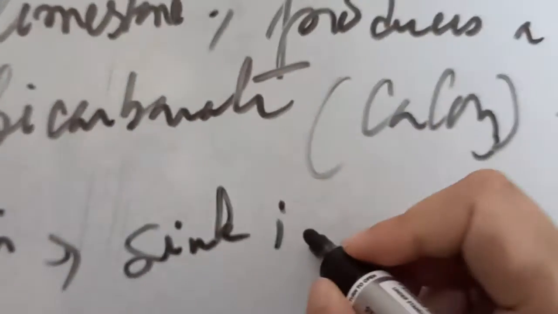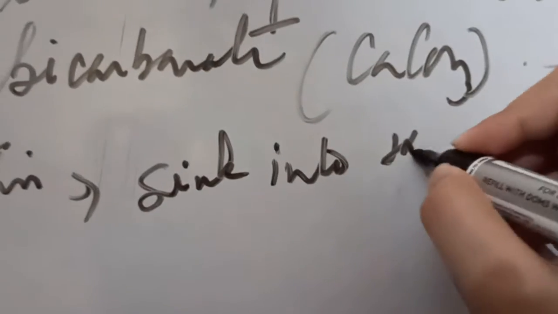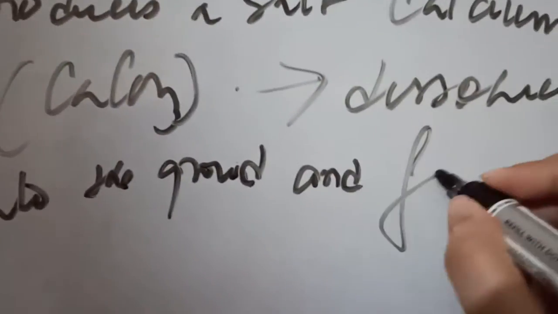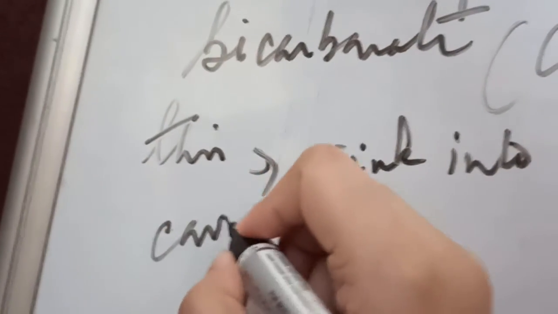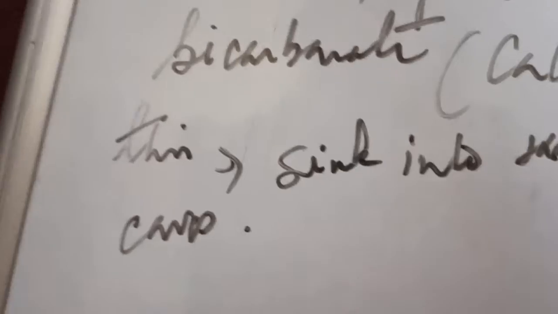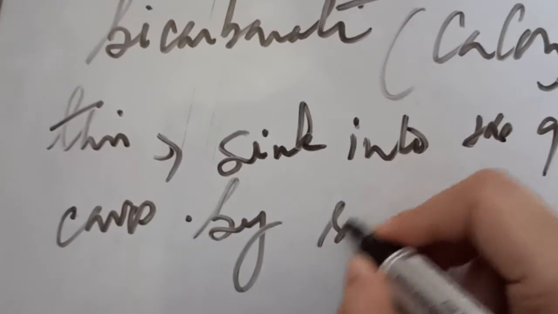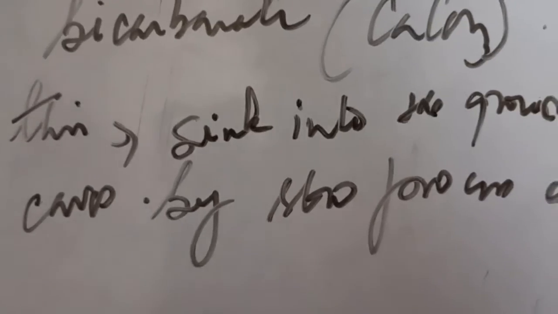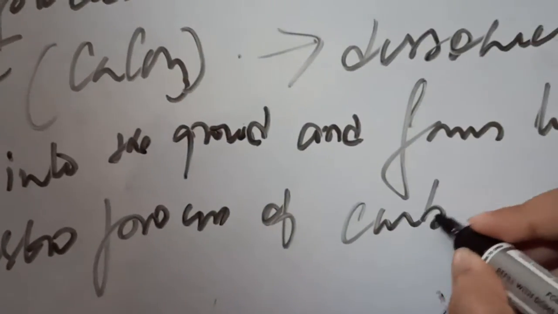In the limestone regions, this weak carbonic acid sinks into the ground and forms huge caves by the slow process of carbonation.